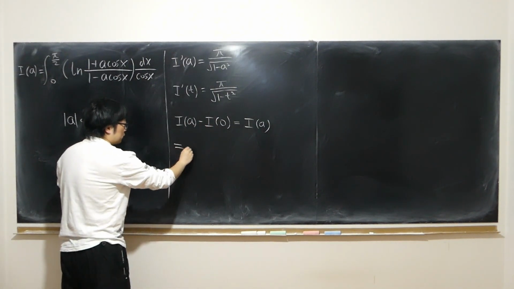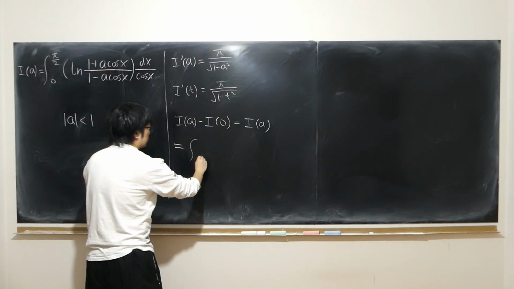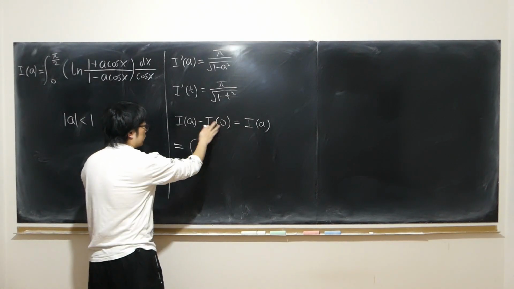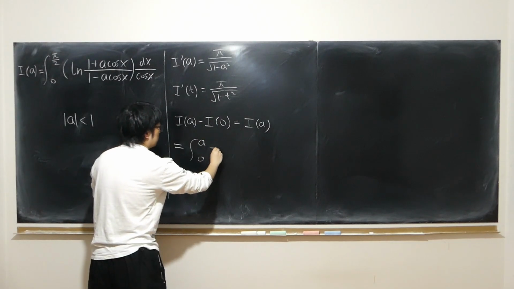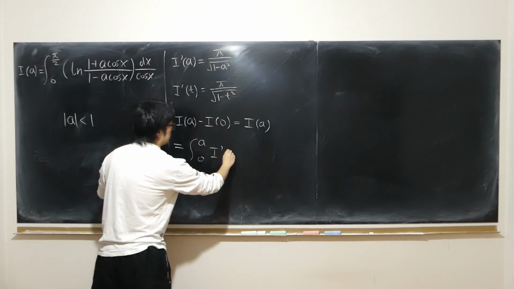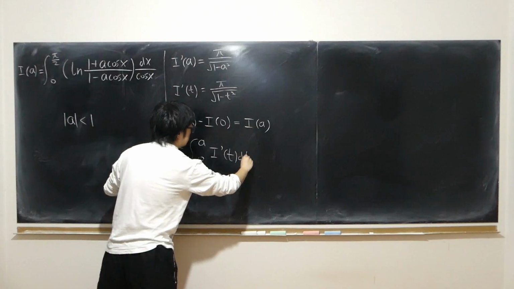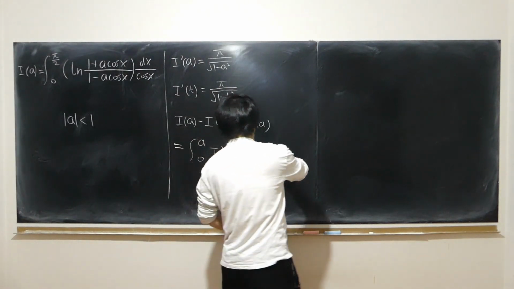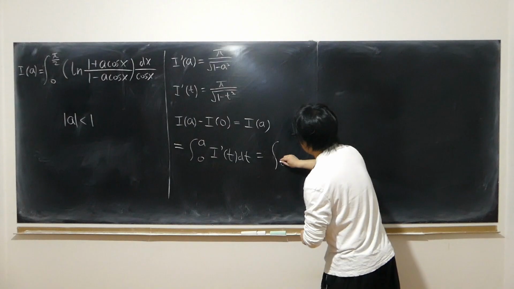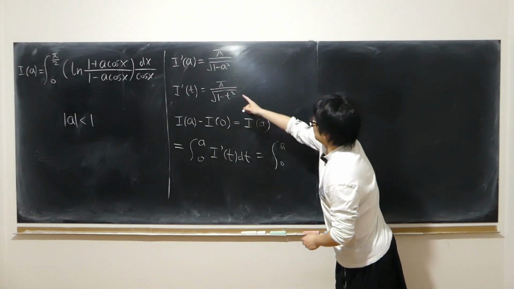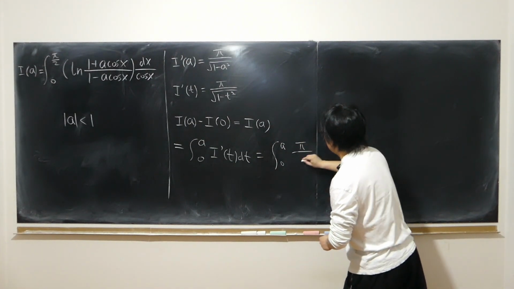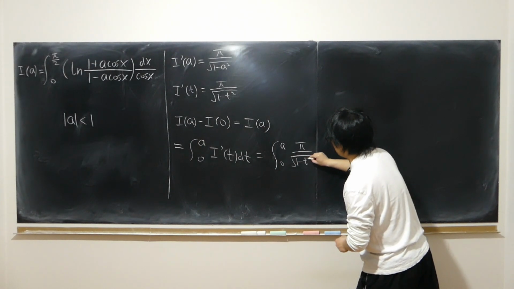So this can be written into a definite integral, 0 to a, I prime of t dt. That is 0 to a, this one, square root 1 minus t squared dt.